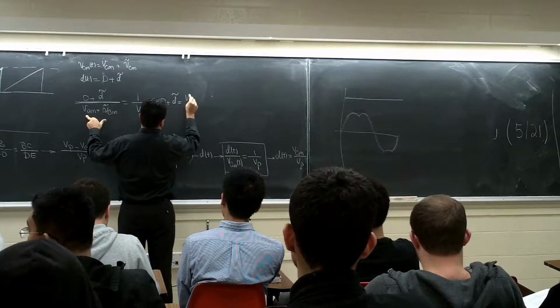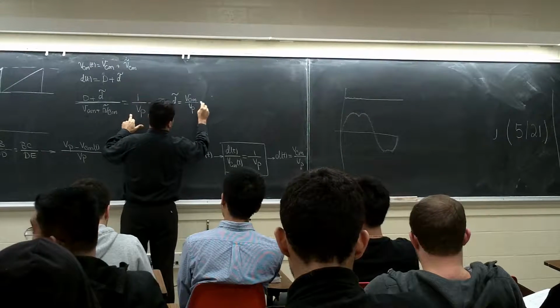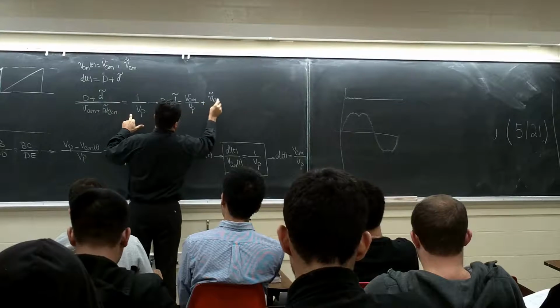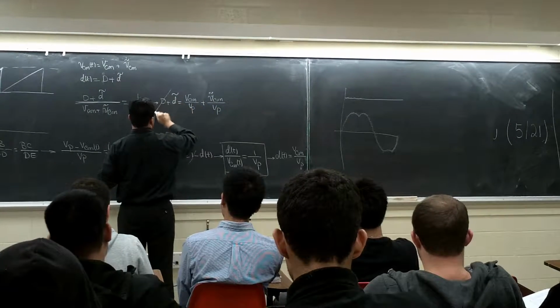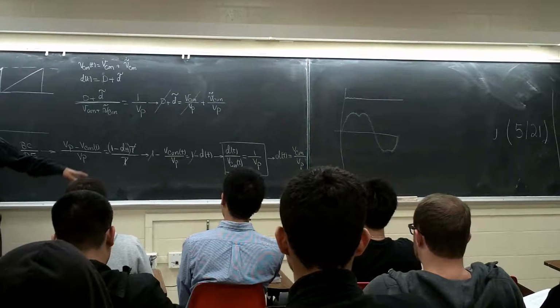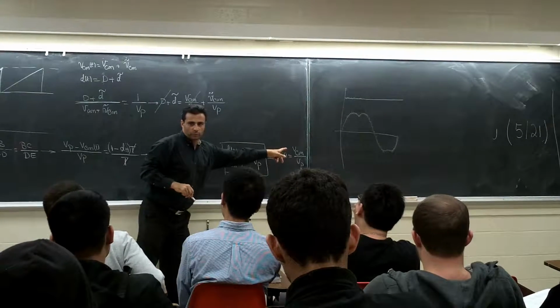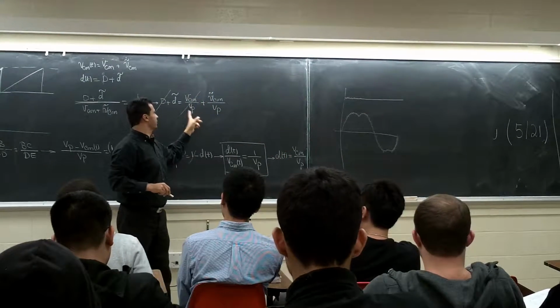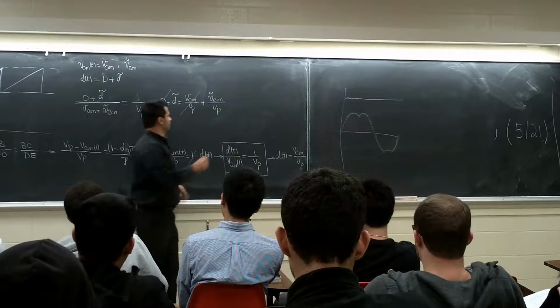It's going to be V control over Vp plus V tilde control over Vp, right? This one and this one are going to cancel each other, right? That's the steady state answer. V DC control over Vp is the DC value of the D, right?